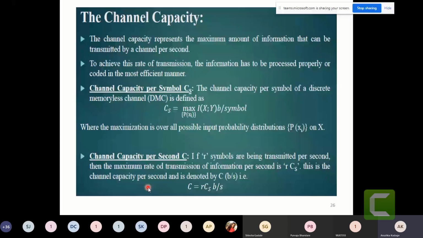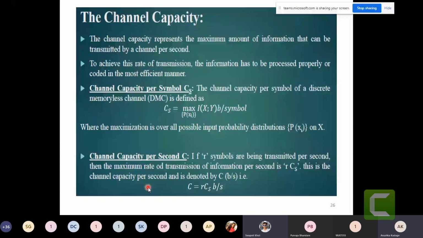So again, related to the channel itself, one other parameter we have to study, and that parameter is named channel capacity. Channel capacity always represents the maximum amount of information which a channel can transmit per second.